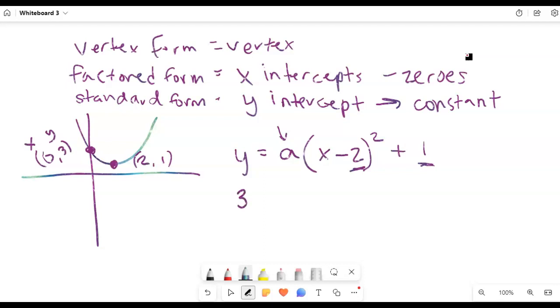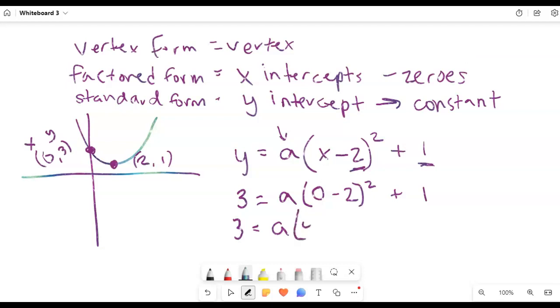Again, like you have pointed out, it is a lot of steps, but it's not impossible. You can do this. So 3 is going to be for y, 0 is going to be for x, and remember this is plus 1 on the outside, okay? It's adding 1. So 3 equals a times (negative 2) squared. Negative 2 times negative 2 is positive 4.